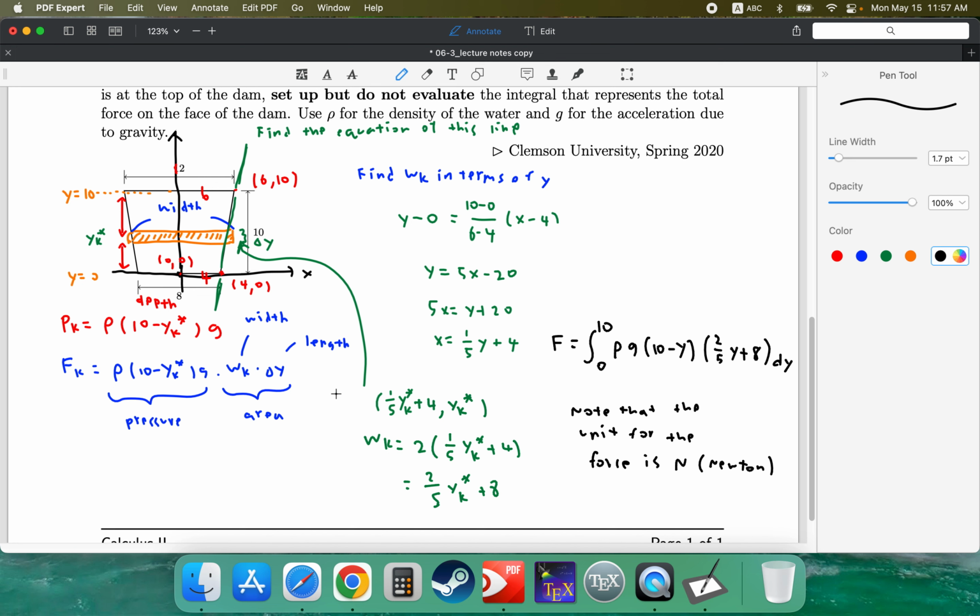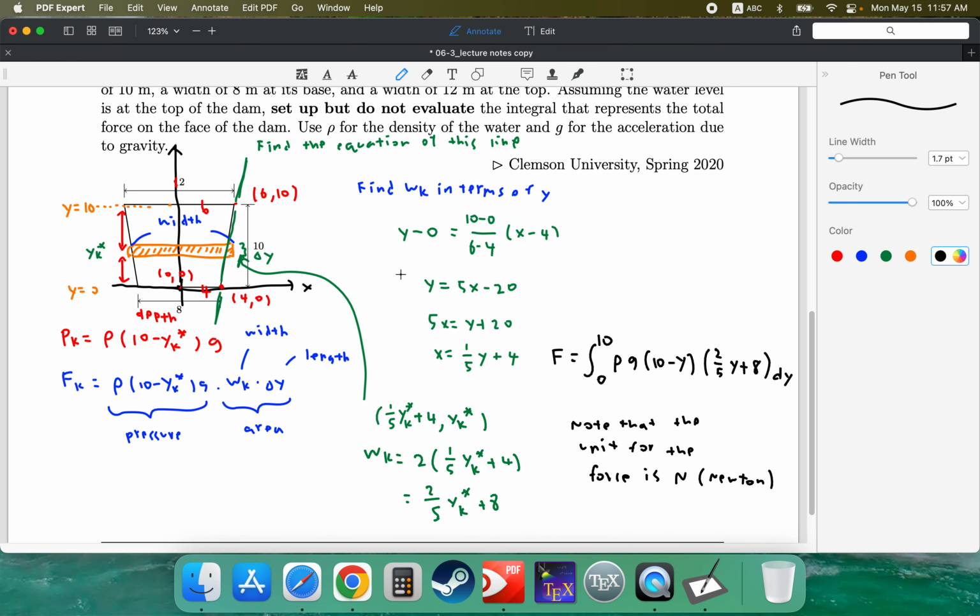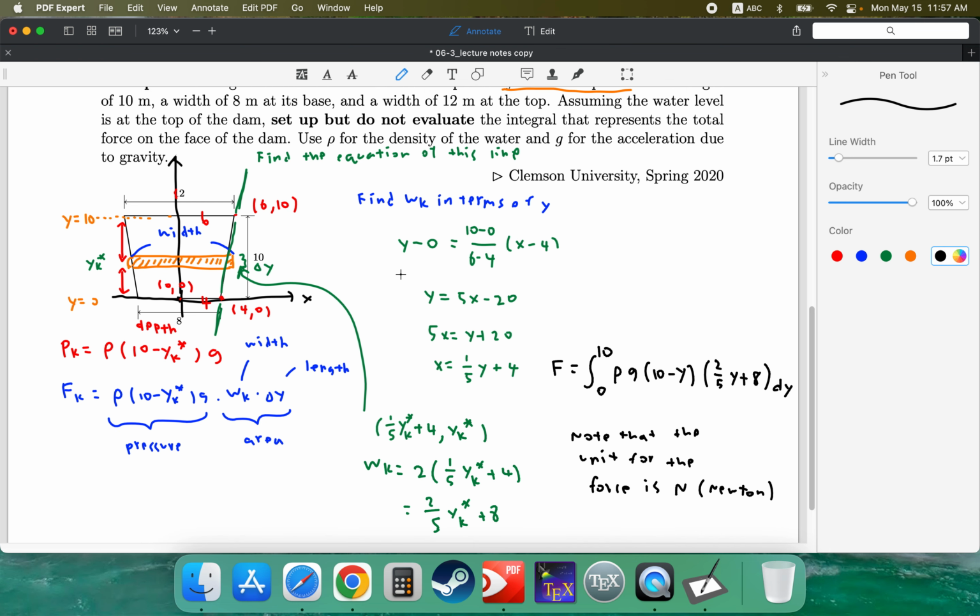So you can see that this problem is a little bit complicated. This is because we need to find out what the width is. If you take a look at the old exams, or the problems on Canvas, you can see that sometimes we have a trapezoid, sometimes a rectangle, sometimes a triangle.